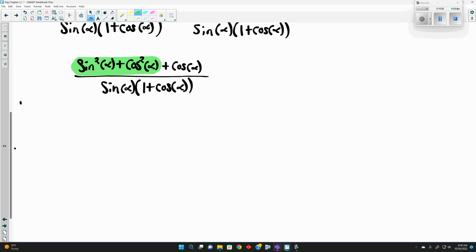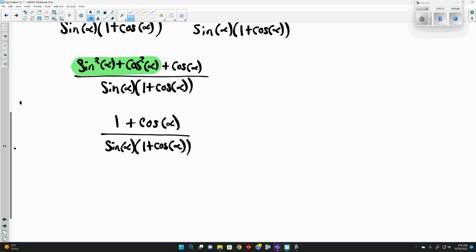So if I'm wanting to simplify this, we could say that that is just 1 plus cosine of alpha over, and this is part of the reason why I didn't want to multiply the denominator.